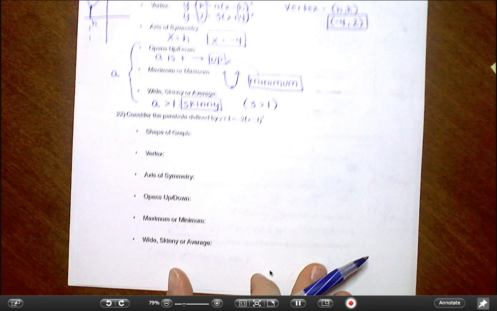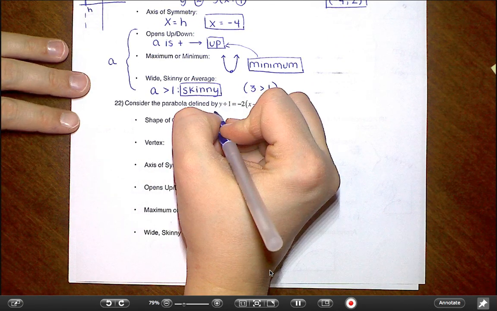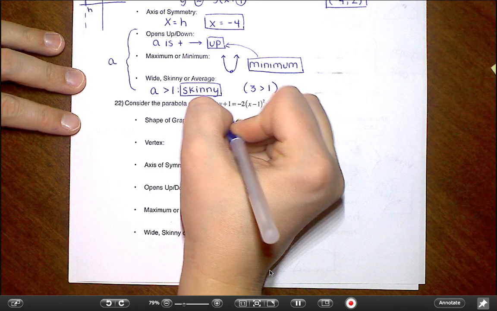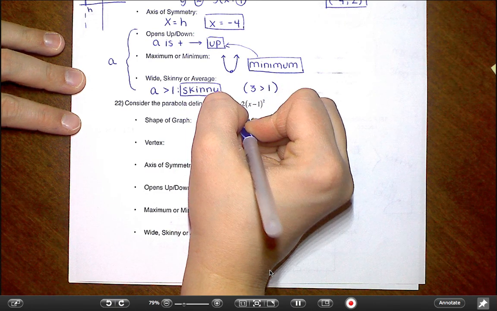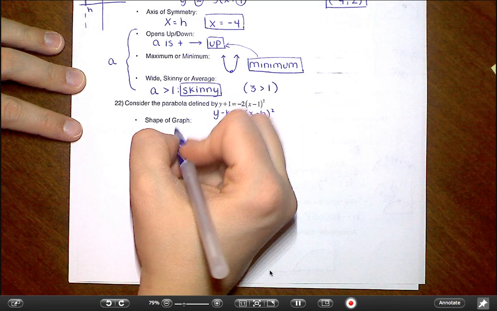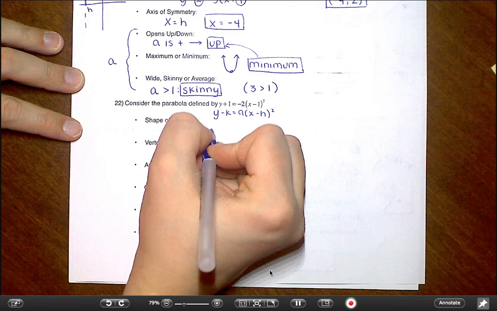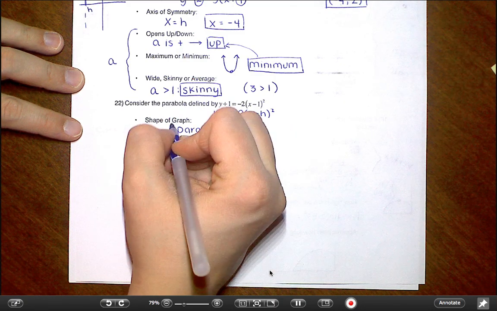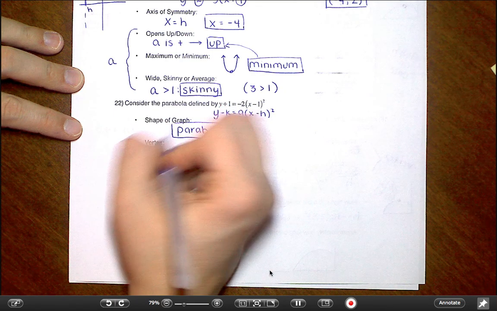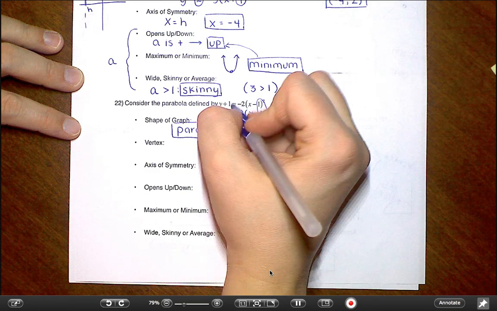Okay, so let's try that same thing with number 22. I've got this parabola. I'm going to compare it to the y minus k equals a times x minus h squared. Shape of graph, again, please get this right. Parabola. The vertex is your h value and your k value.